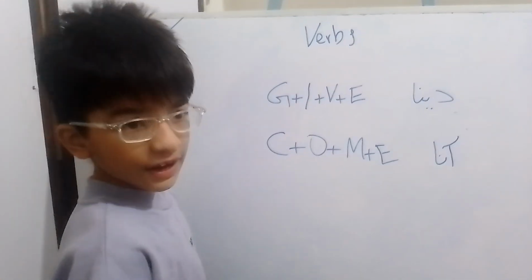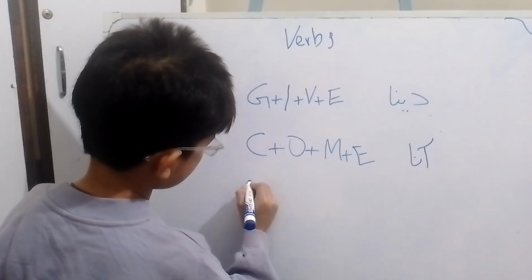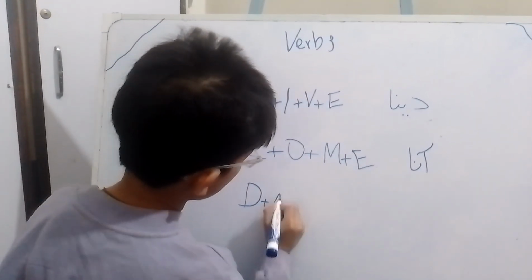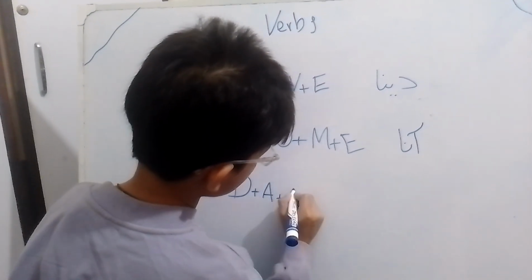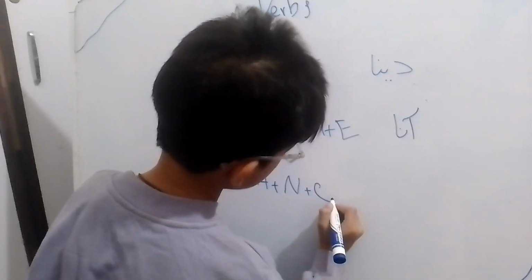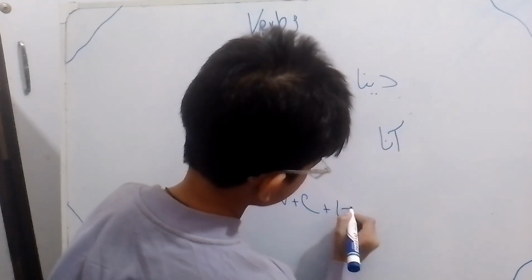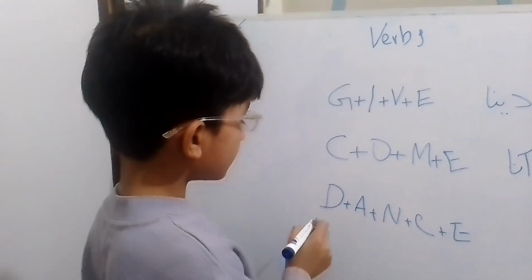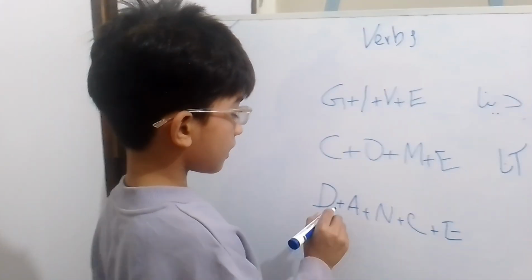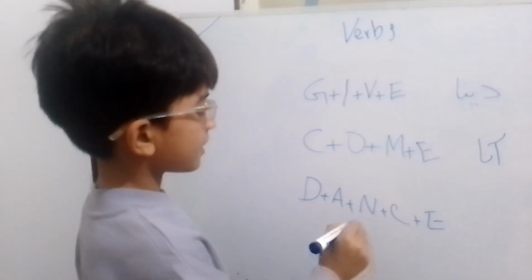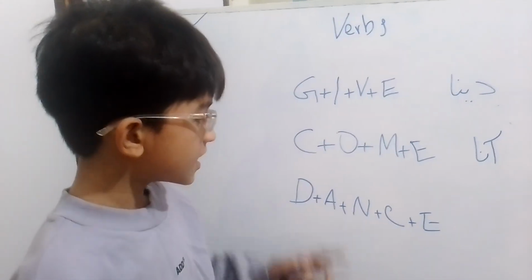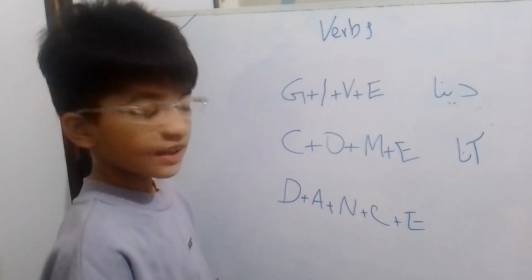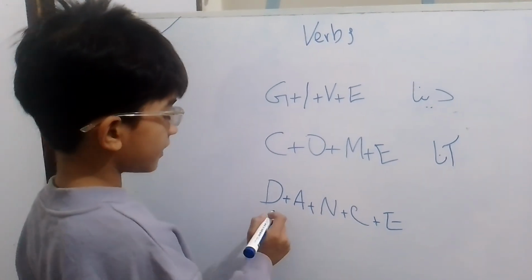So the next word is dance. D plus A plus N plus C plus E. Dance. D sounds D, A sounds A, N sounds N, C sounds S, E is silent.